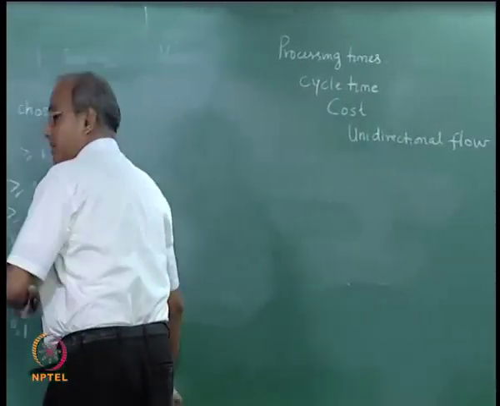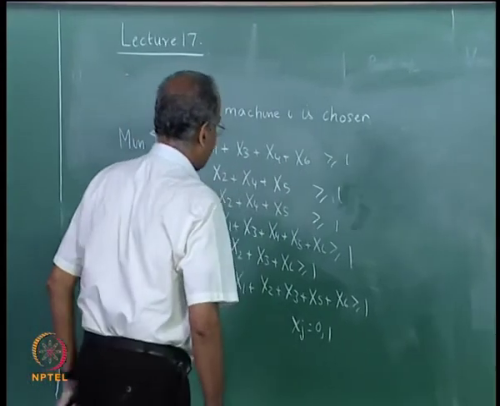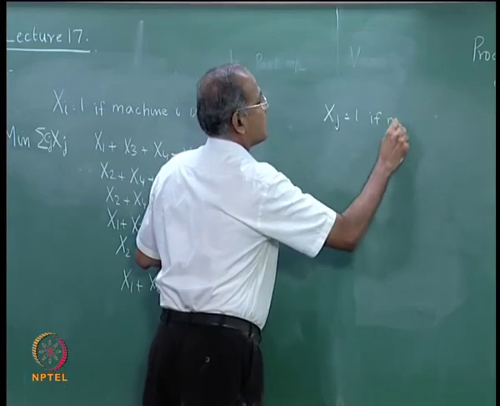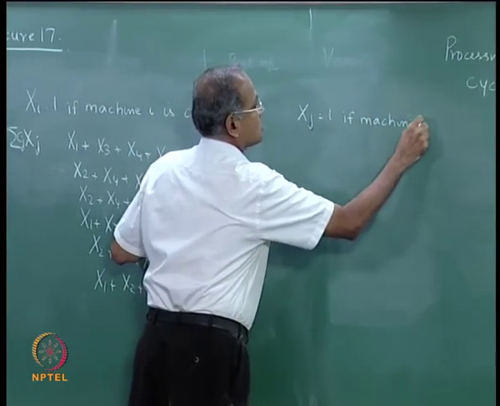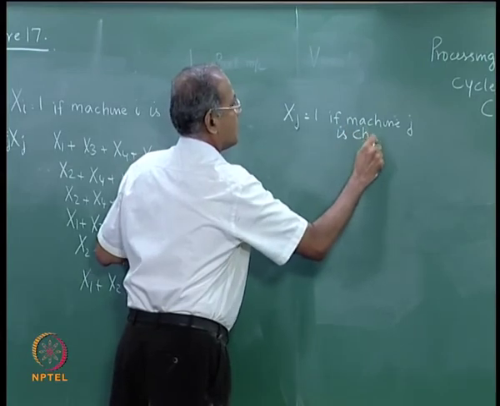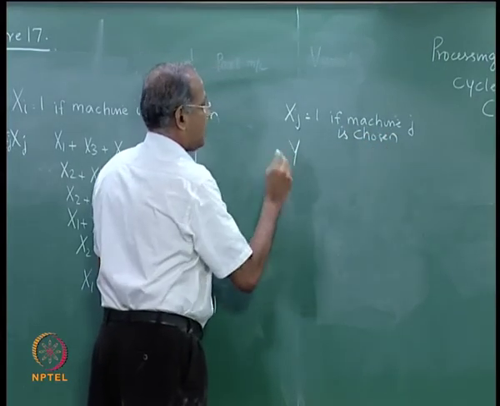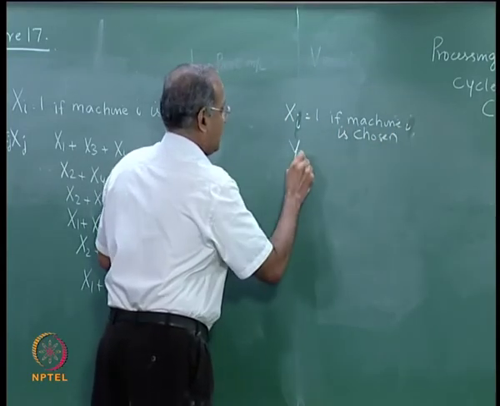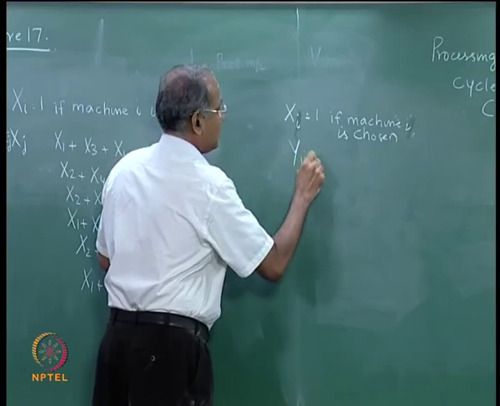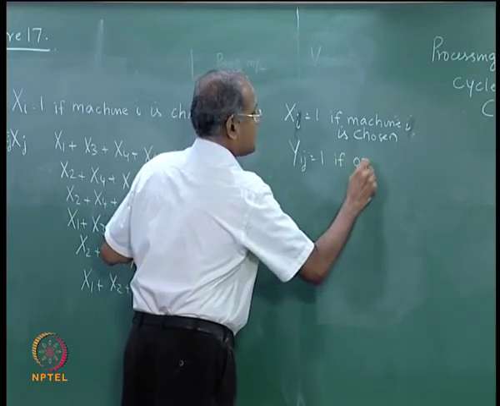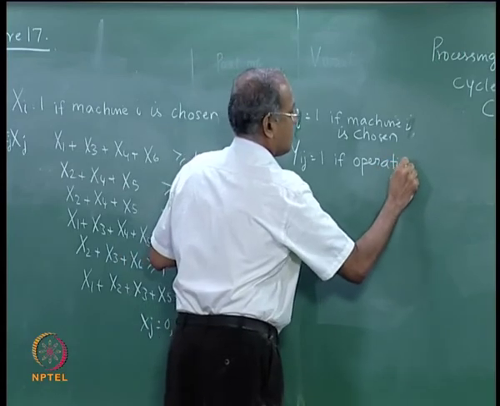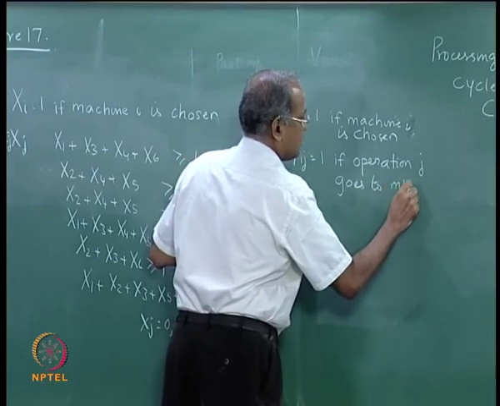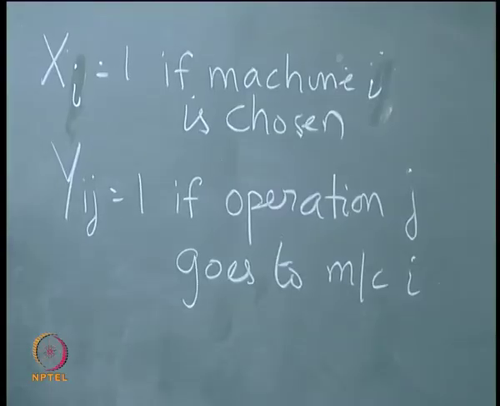The formulation will become: xj equal to 1 if machine j is chosen, and y ij equal to 1 if operation j goes to machine i.